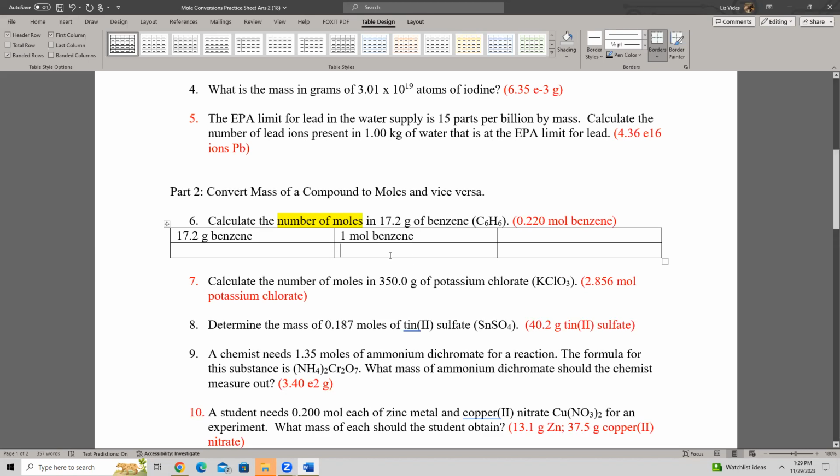It is 6 times 12.01, that's carbon, plus 6 times 1.01, that's the hydrogen, and it is 78.12. So that's grams of benzene.